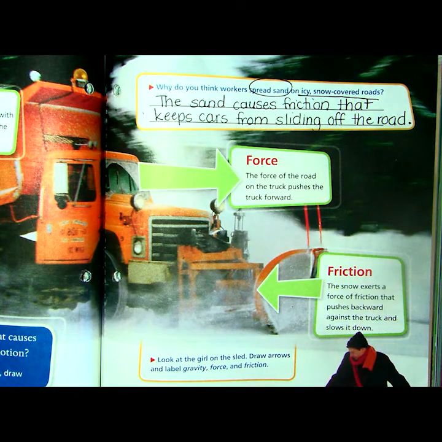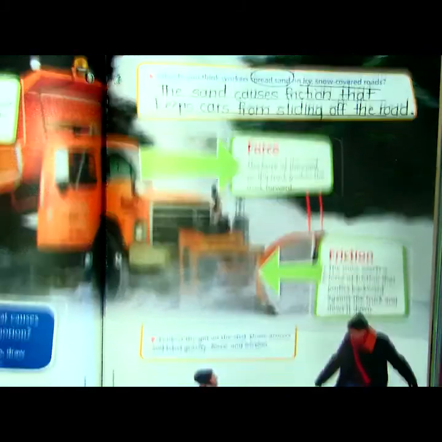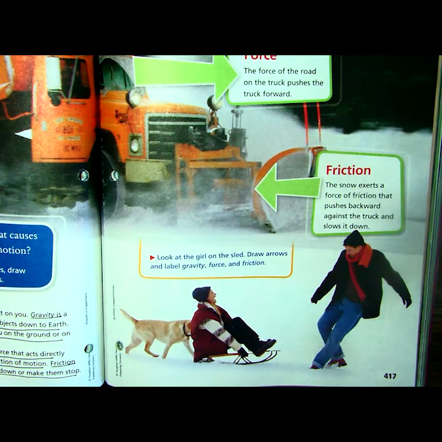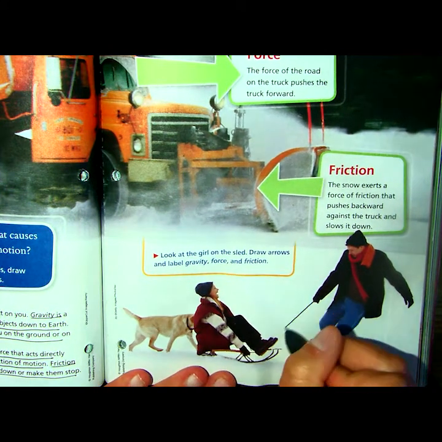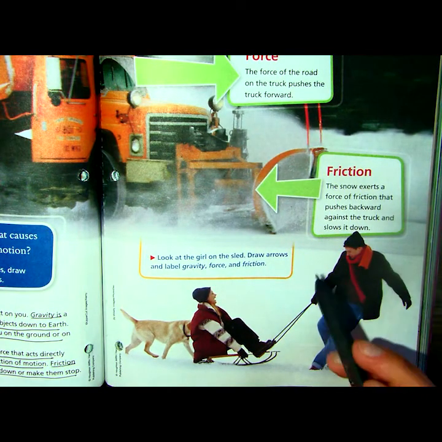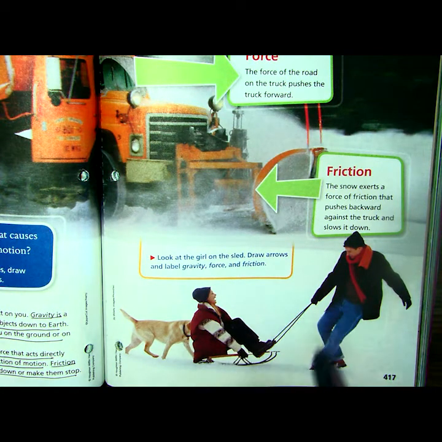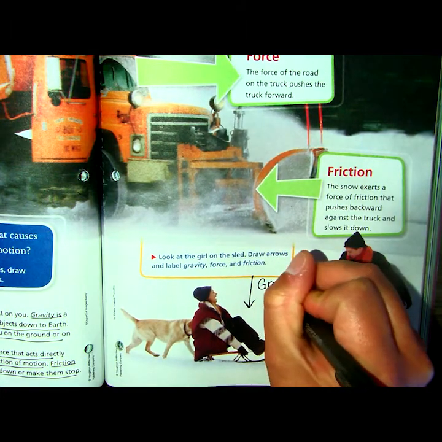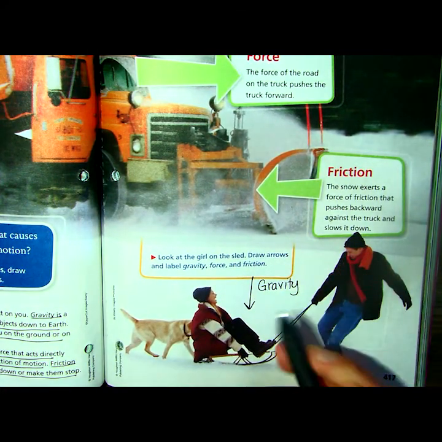Let's take a look down here at the bottom of the page. All right, so we have a young girl here, and she's on a sled. I know it's very hard to see on this screen, but there's a rope tied right here. It looks like maybe a dad or a friend is pulling her on the sled. So we have to draw arrows and label them to show gravity, force, and friction. Well, we know that gravity is going to be pushing down on her, and that's keeping her seated on this sled and keeping the sled on the ground.